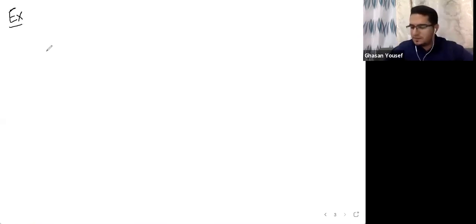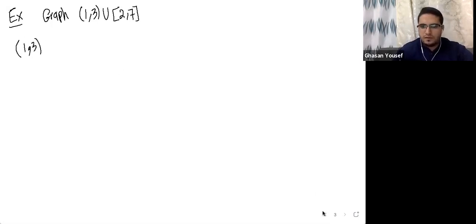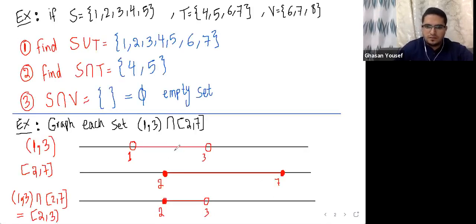Here the example uses the same intervals as before. Find the graph of (1,3) union the closed interval [2,7]. Again, (1,3) is like before.